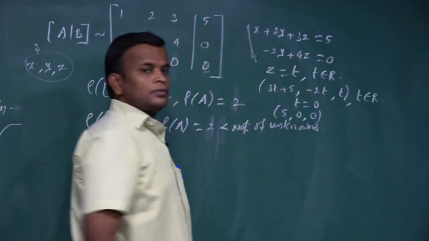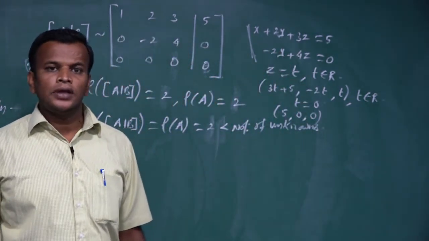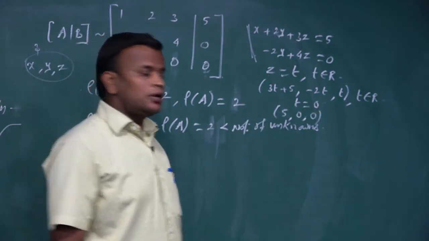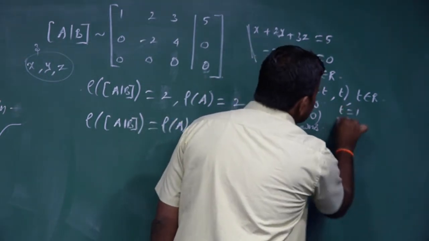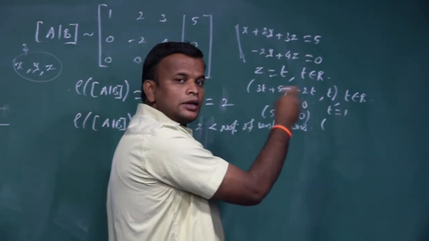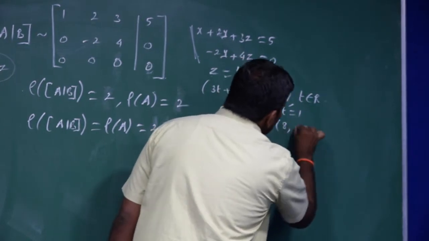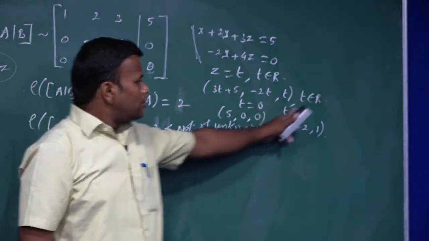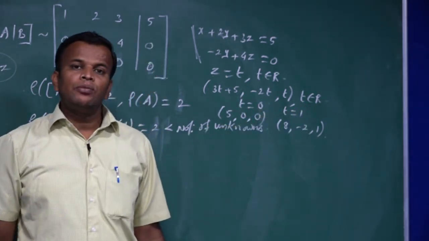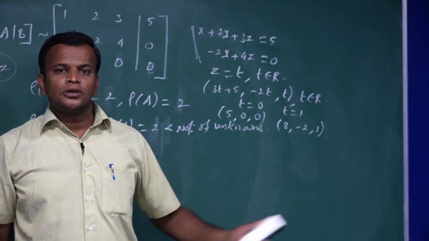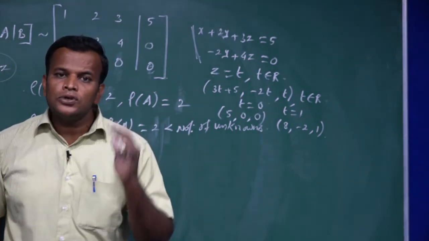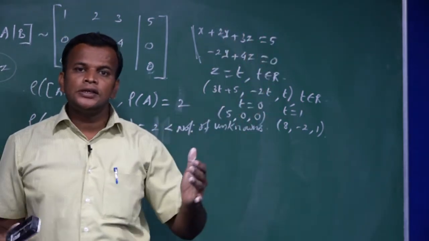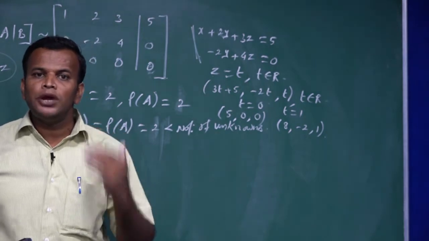This is one solution. Suppose I put t equal to 1, which is also a real number. That gives another set. 3 ones are 3, 3 plus 5 is 8, minus 2 plus 1. This is the second set of solutions. The number of real numbers is infinite. So we put one value of t, we get one set of solutions. We can put so many values. So the system is consistent and the system has infinitely many solutions.